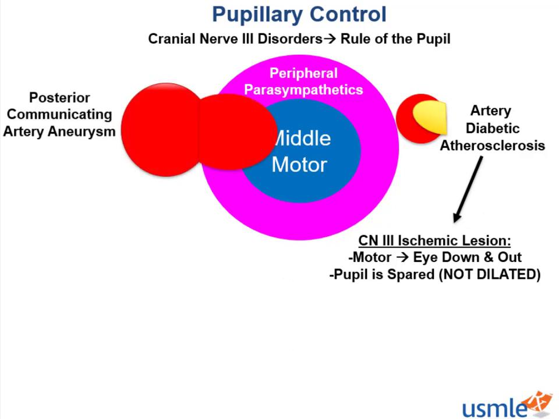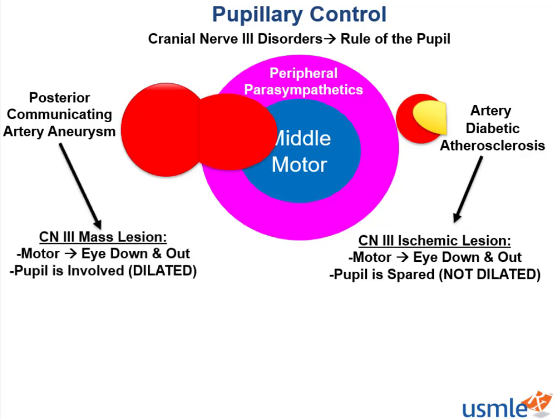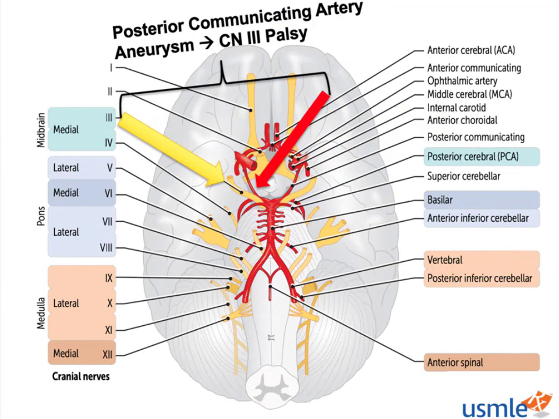Conversely, if the patient has a mass lesion, like a posterior communicating artery aneurysm, this can directly push on both the parasympathetic and motor fibers of cranial nerve 3, resulting in an eye being down and out as well as the pupil being dilated. This is a super high-yield association, so let me show you this picture.